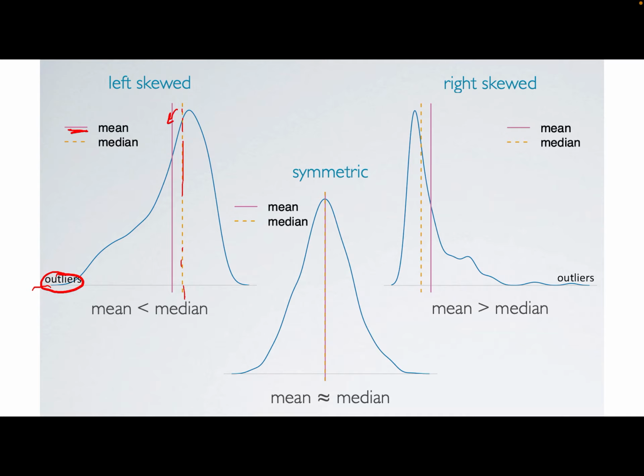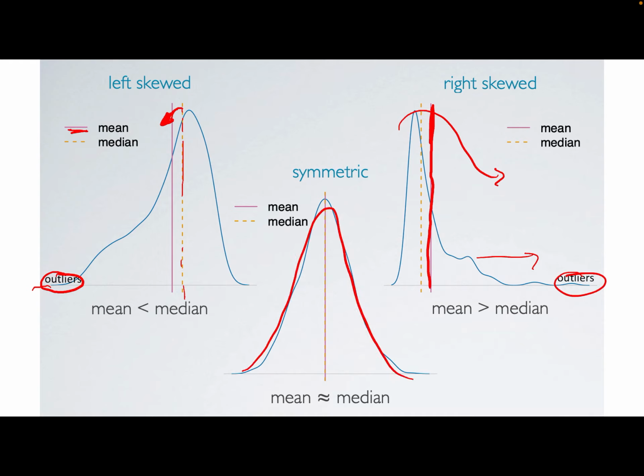So we can see here if it's left skewed, the mean is going to go towards the left. If it's a right skew, the mean is going to go towards the right, towards those outliers. If it's symmetrical, pretty even on both sides, the mean and the median are going to be about the same, right in the center.